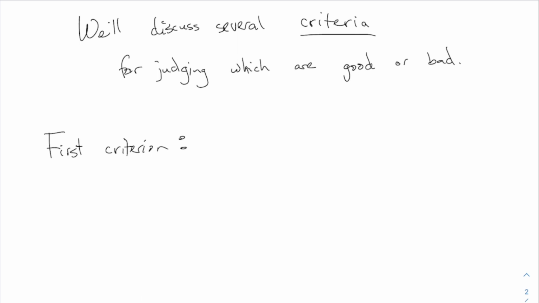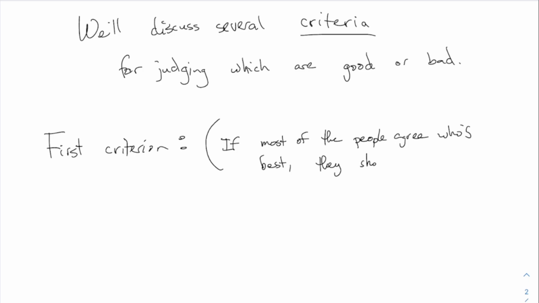The first criterion says, basically, I'm going to put this in parentheses, we're going to have a more technical definition in a moment, but the basic idea here is that if most of the people agree who's best, then they should actually win.